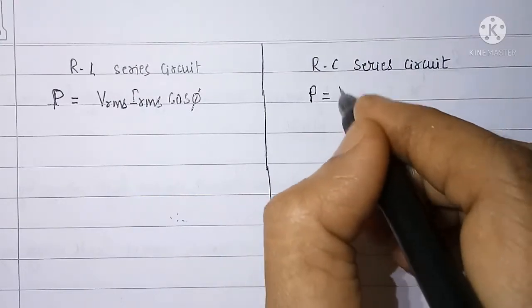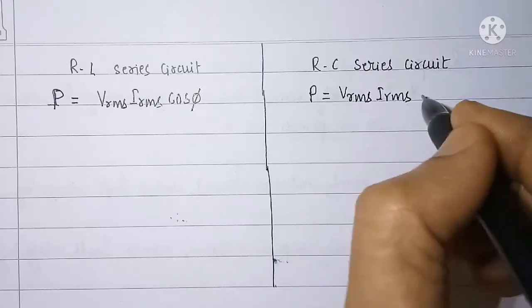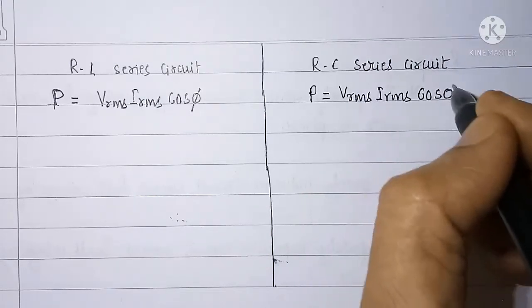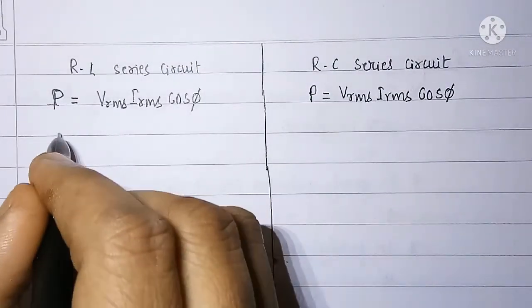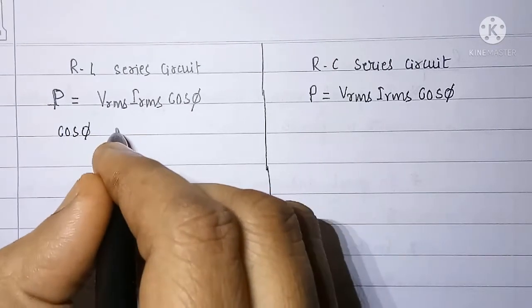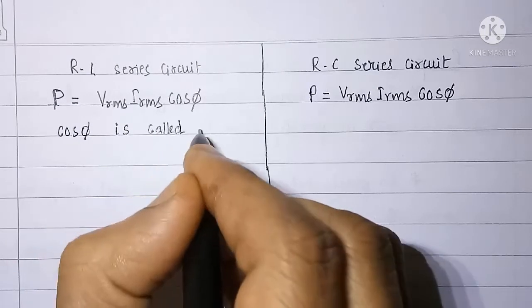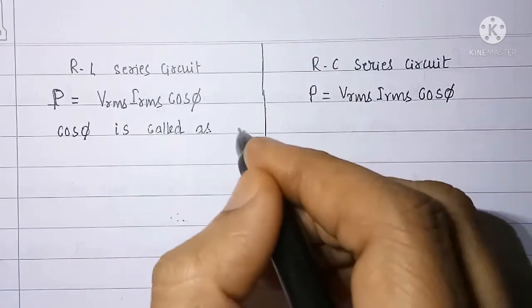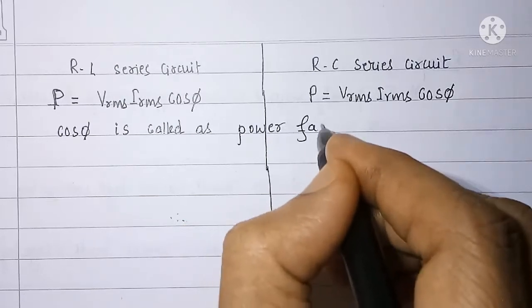Here also power P equal to Vrms into Irms into cos phi. Cos phi is called as power factor.